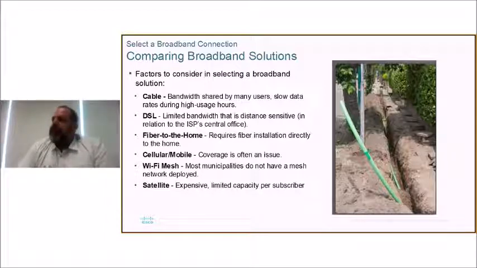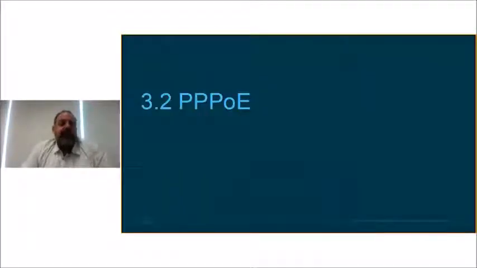That's of where people live. It's not 96% of the country, especially Australia. Wi-Fi mesh is not particularly common. And of course, satellite is expensive, and you've got those latency issues.